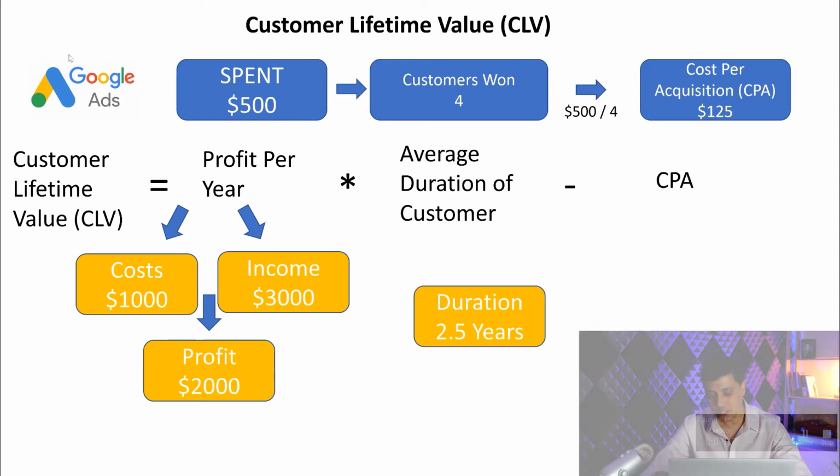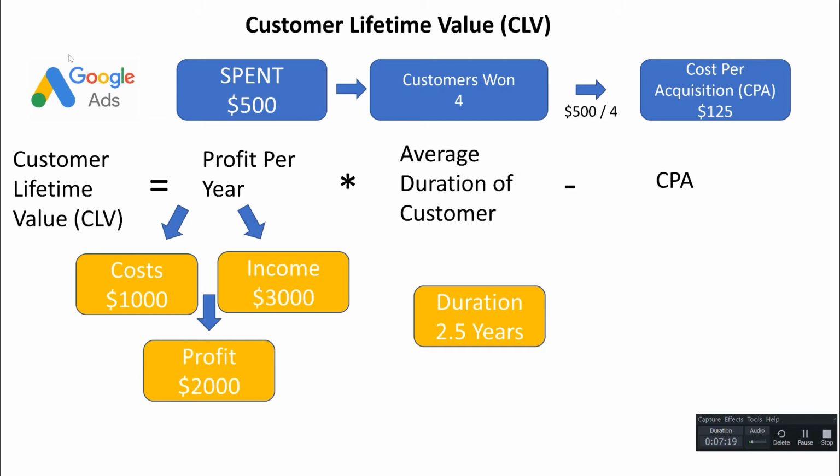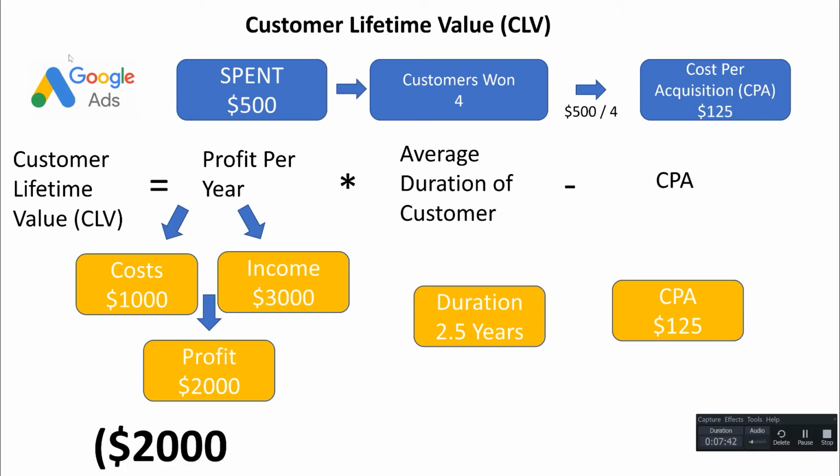Okay, so now let's assume your average duration for each customer is around 2.5 years. Obviously you will have statistics and you will know how long each customer typically stays with your business, whether it's 1 year, 2 years, 5 years, 10 years, and so on. So you take that into account, and then your cost per acquisition.